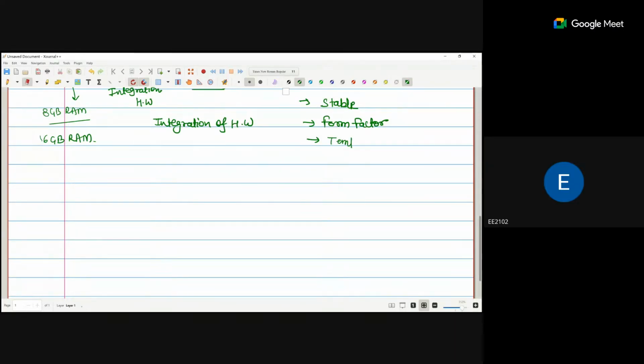Temperature is basically under stability. So stability, form factor, then price, and then power consumption.